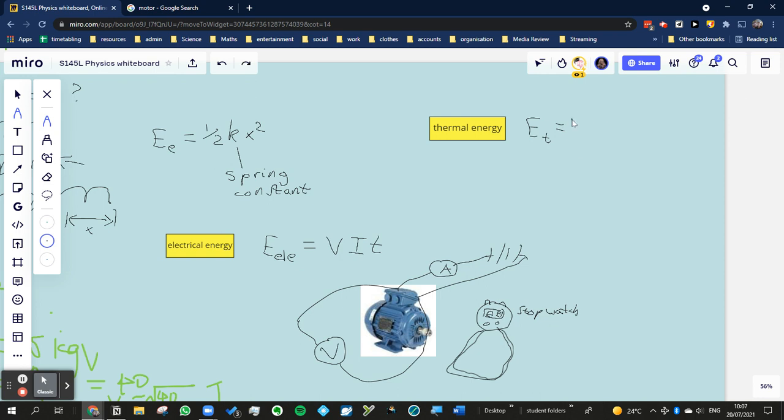Let's imagine we are heating up an object, and we want to know how does the heat relate to the temperature change? Well, you multiply the mass by something called the specific heat capacity. And this is basically how easy or difficult it is to heat something up. Specific heat capacity.